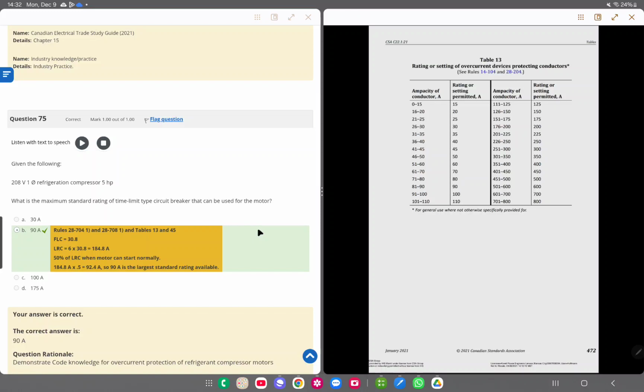Then we needed our locked rotor current, multiplied by 6. But for the overcurrent device, it's 50% of the locked rotor current, so we divided that by 2. And then table 13, we're in a range, and we size down to 90.